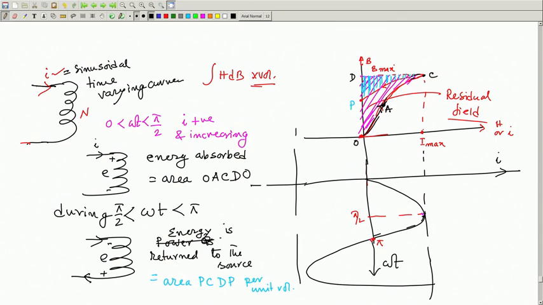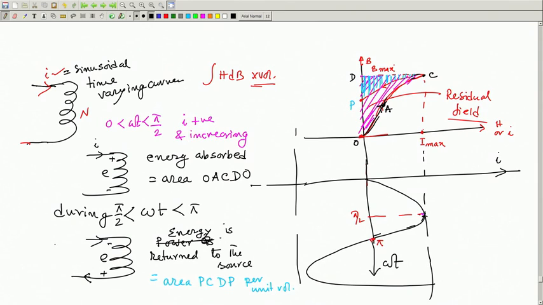When you decrease the current, between pi by 2 to pi, current decreases but still remains positive, and dI dt is negative, d phi dt is negative. So the induced voltage polarity reverses, the current direction still remains the same because it is positive current, and certainly this coil now delivers energy back to the source.